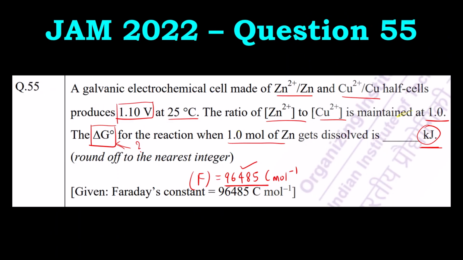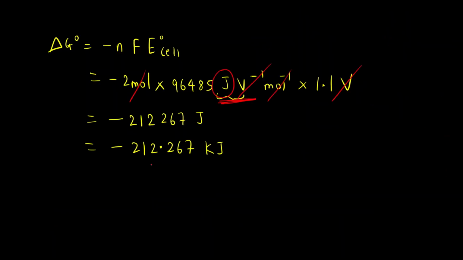Now the question asks for the nearest integer, which means we have to round off to a number. Here the digit after 212 is 2, and whenever the value is less than 5, we keep the number the same. So the final answer is going to be minus 212 kilojoule.